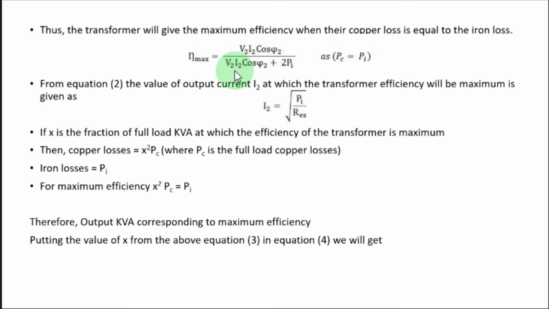So if x is the fraction of full load kVA at which the efficiency of the transformer is maximum, then the copper losses will be x squared Pc, where Pc is the full load copper loss, and iron loss will be Pi. So for maximum efficiency, x squared Pc should be equal to Pi.